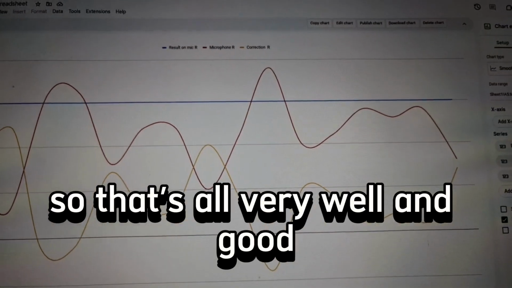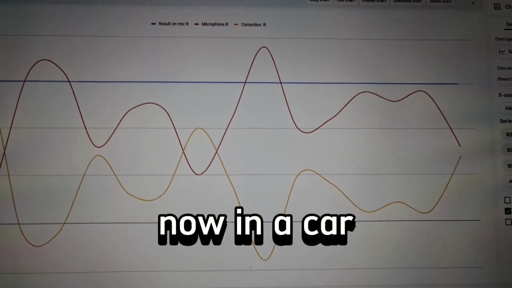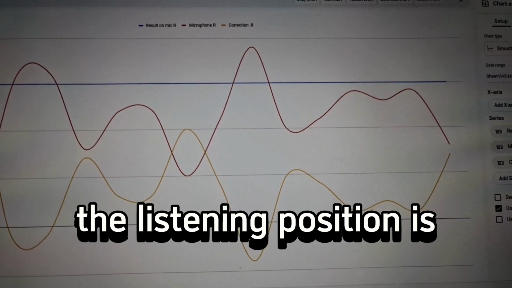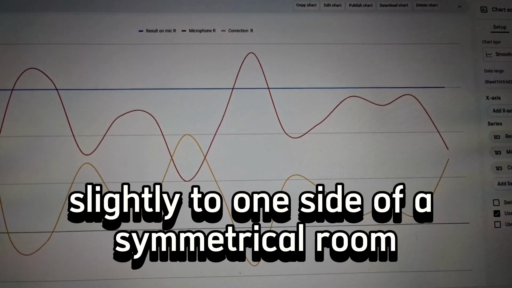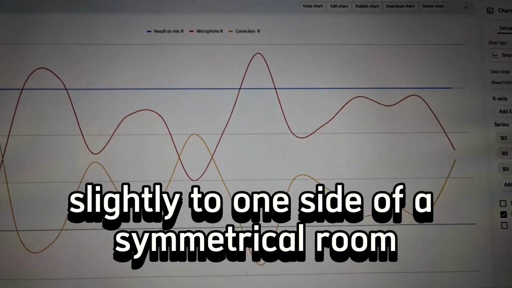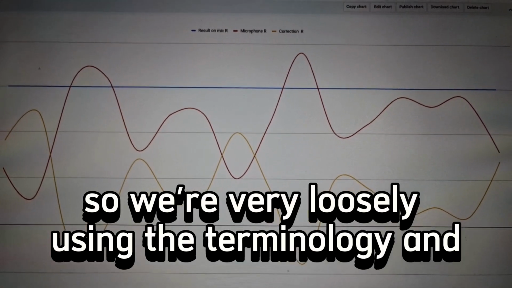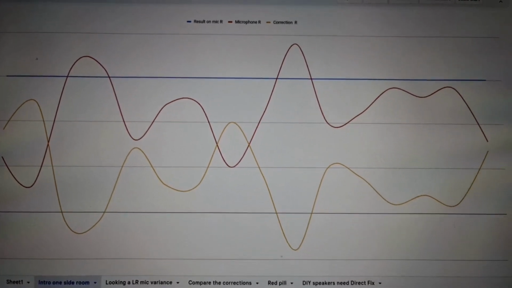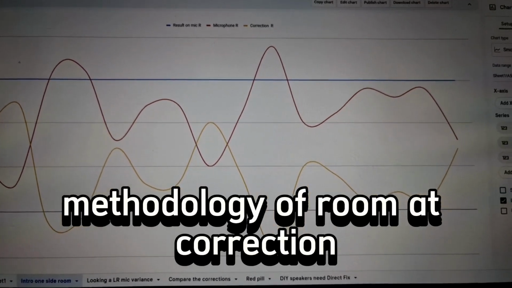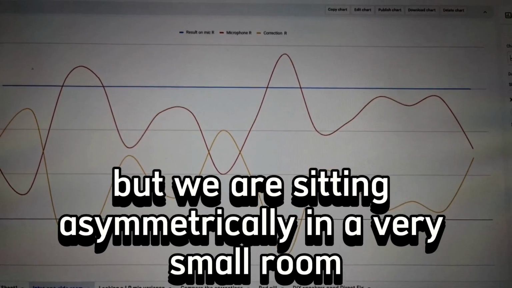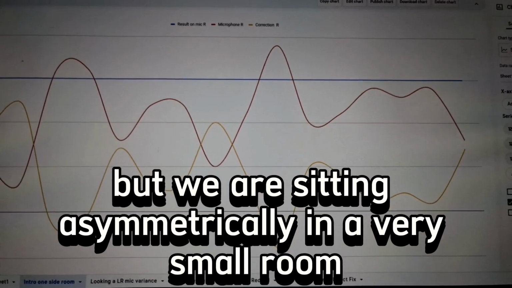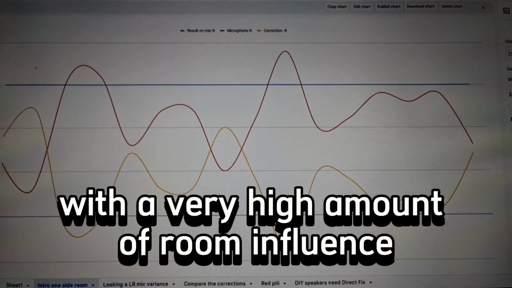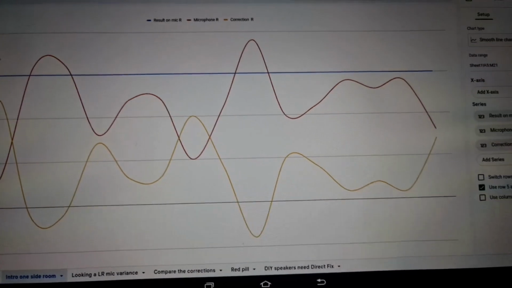So that's all very well and good. Now in a car, the listening position is slightly to one side of a symmetrical room. So we're very loosely using the terminology and methodology of room correction, but we are sitting asymmetrically in a very small room with a very high amount of room influence.